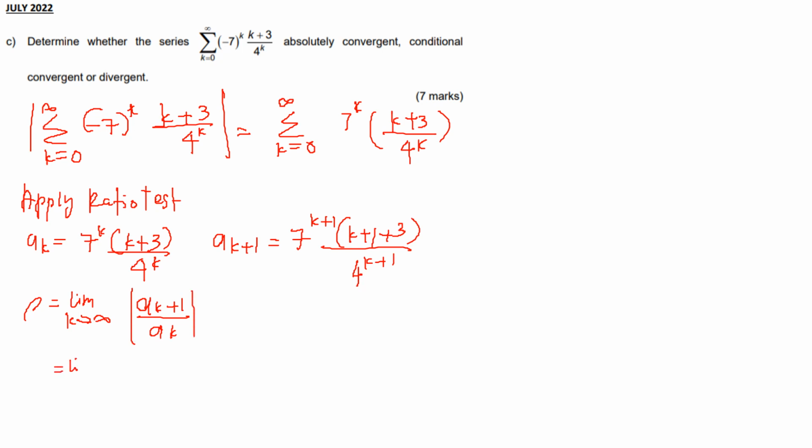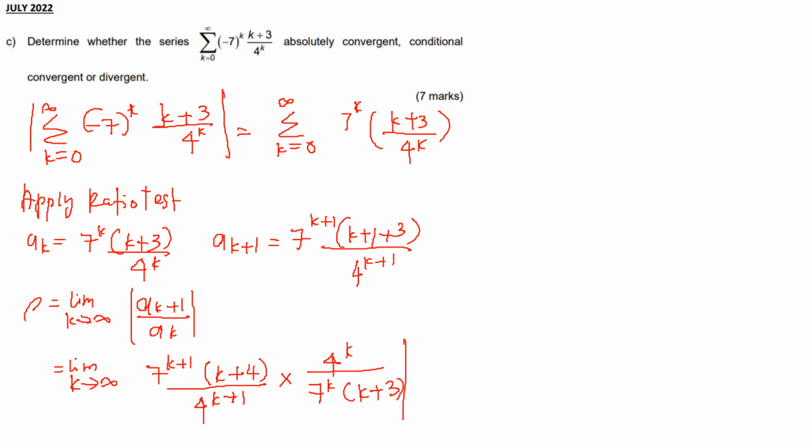So you have to substitute: limit as k approaches infinity, a_(k+1) is 7^(k+1) in bracket (k+4) over 4^(k+1), and divide, we change to times 4^k over 7^k in bracket (k+3).